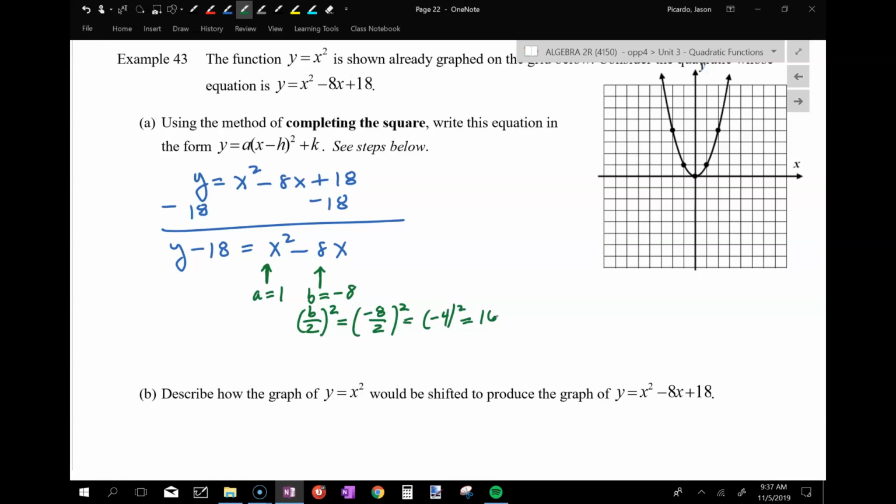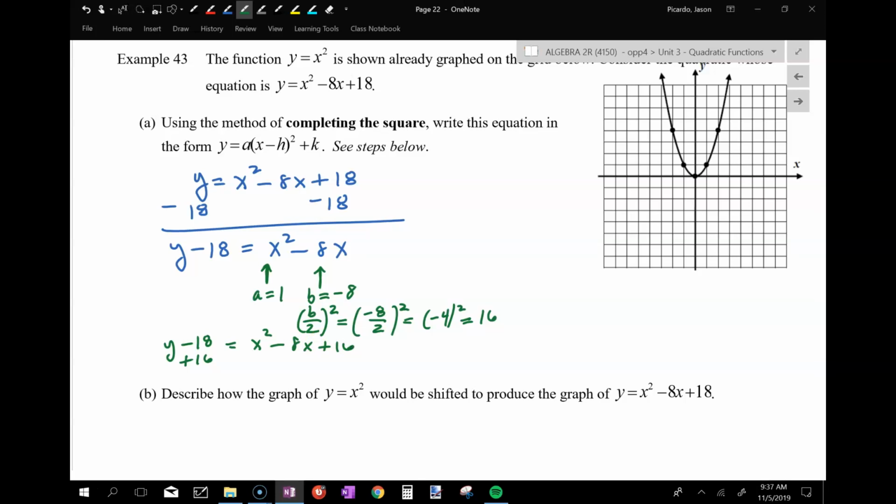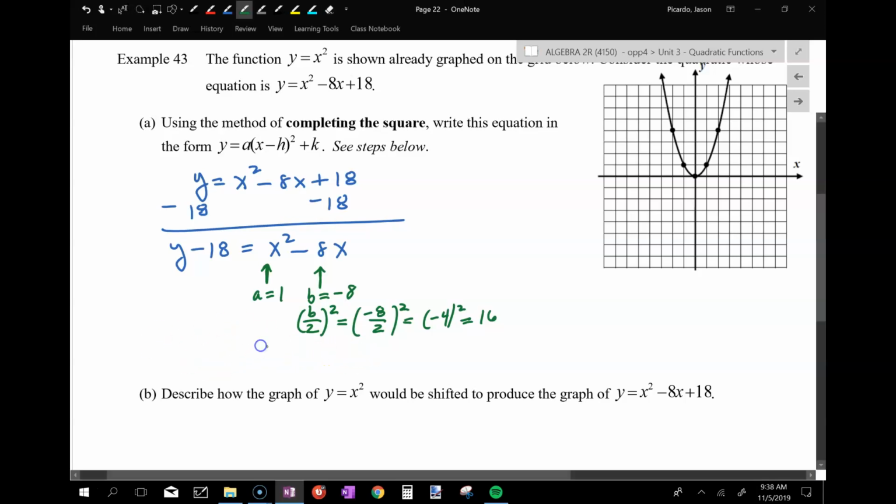All right. So I'm going to add 16 to both sides of this equation now. Okay. So I have y minus 18 plus 16 equals x squared minus 8x plus 16. I feel like I need more room. Let me move this over here. Give me a second.